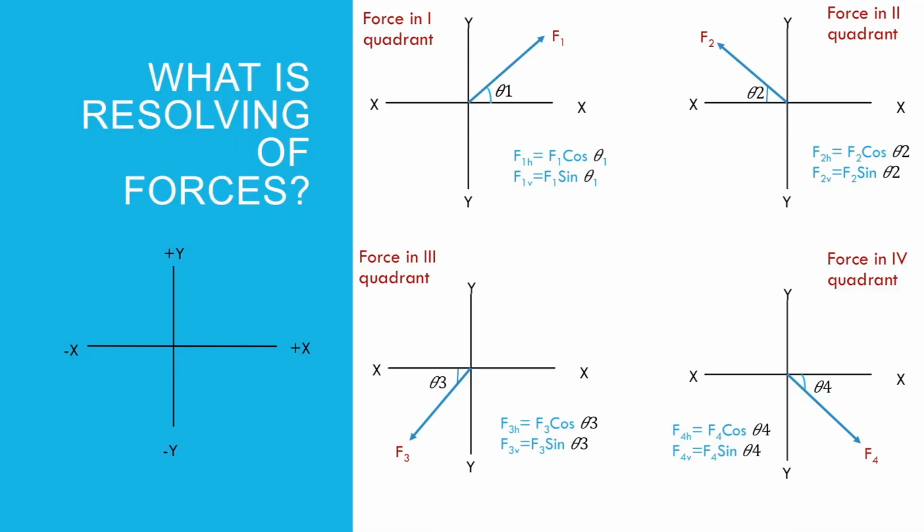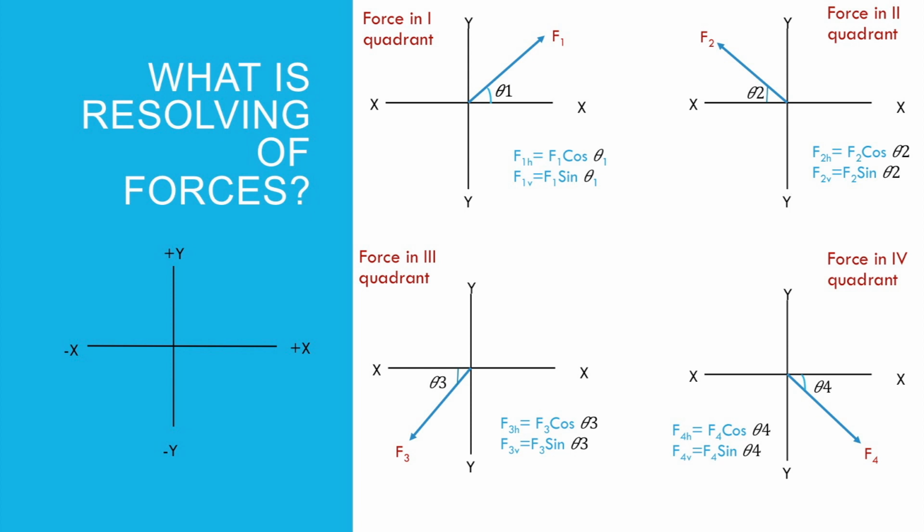Now, come to the next illustration, force in the second quadrant. Let me say a force F2, acting at an angle of theta 2, is applied. Please note in all these figures, theta 1, theta 2, theta 3 and theta 4 are with respect to the x axis. Now, the force F2 can be resolved into F2 cos theta 2 and F2 sin theta 2.